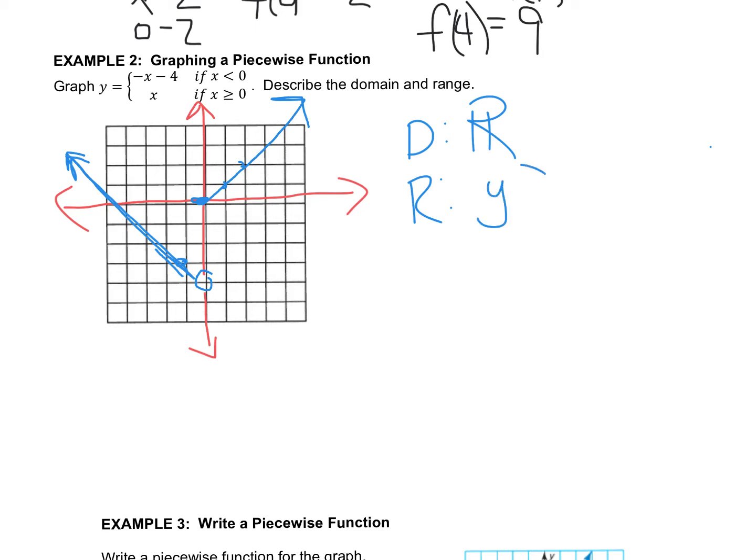So y's are definitely greater than -4. And then the question is, is it greater than or equal to, or just greater than? Well, because the bottom one is an open circle, it is only greater than -4. So the range is y greater than -4.